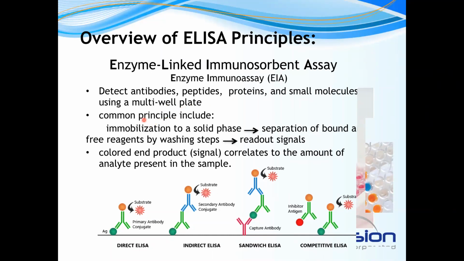The common principle included in the ELISA kit is the immobilization of an analyte, or protein, or small molecule that we want to analyze on a solid phase, and then separation of bound and free reagents by washing steps, and the readout of signal from colorimetric, fluorescent, or luminescent signals.